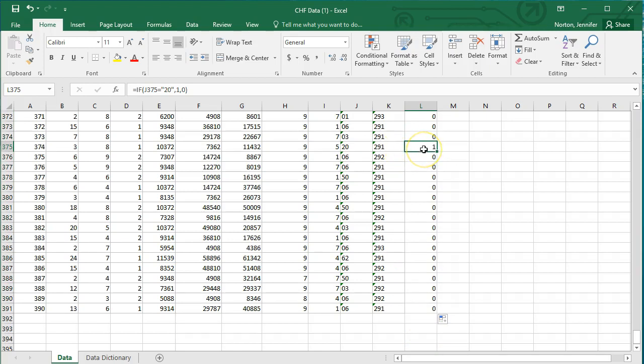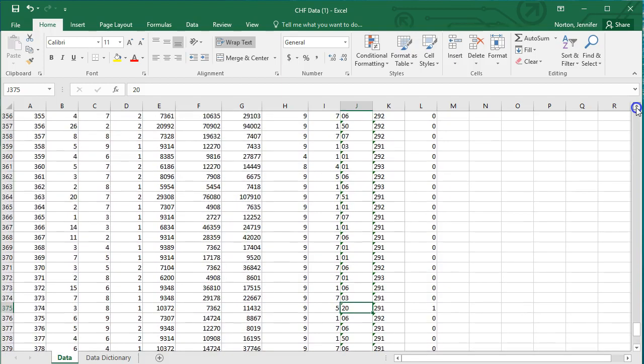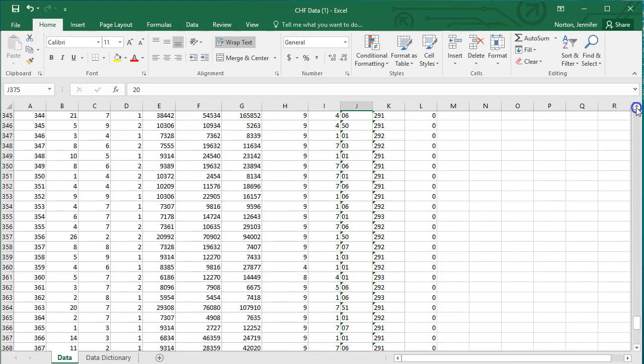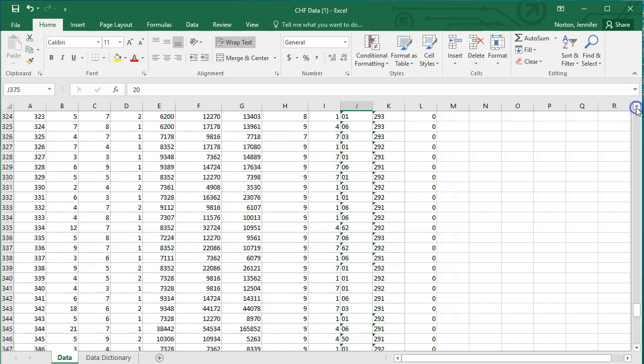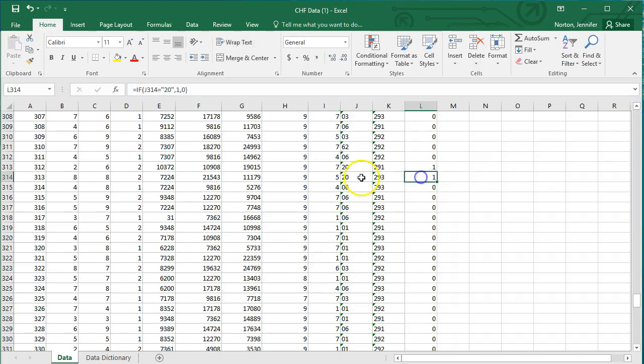But right here is a 1, so we're going to go over and look, and we can see that discharge destination is 20. So it looks like our formula worked. Let's go up just a little bit farther and see if there are any more 20s. There's another one right there.